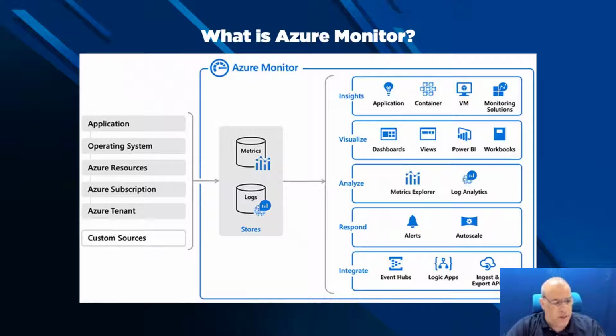So what you can see here on the left are the things you can monitor: your applications, operating system, Azure resources, your subscription, your different tenants, as well as custom sources. These feed into Azure Monitor, and there are two different data stores for them.